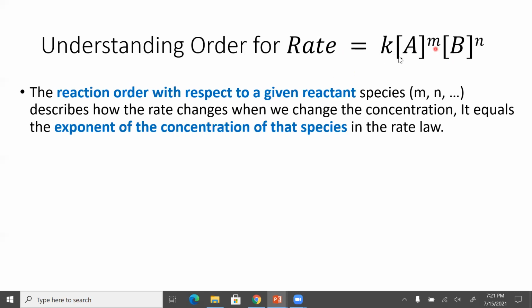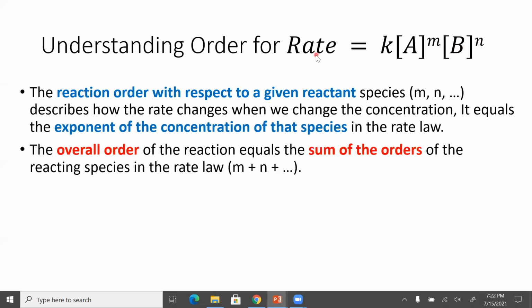So A to the m power, m is the order for A in that reaction. n is the order for B in that reaction. And it tells us how A and B affect the rate of the reaction.